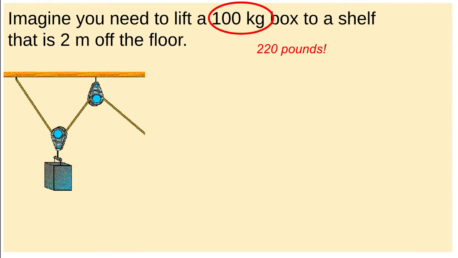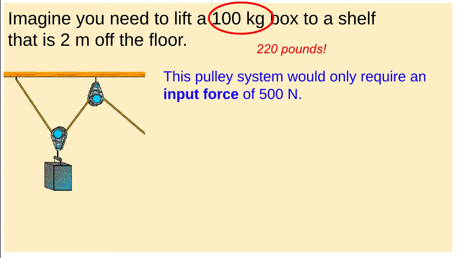You could use something like this. This is a pulley system that would actually make the job easier without changing the amount of work, which seems kind of strange. The pulley system that's shown here actually only needs 500 newtons of force to lift 1,000 newtons of weight.